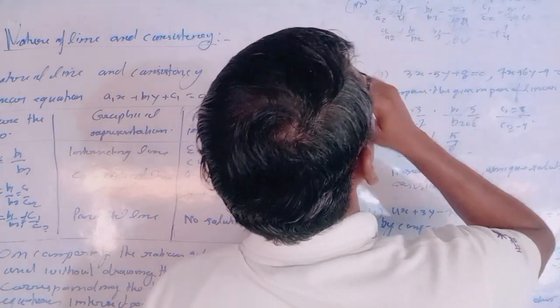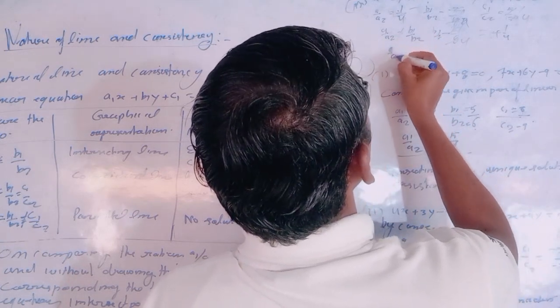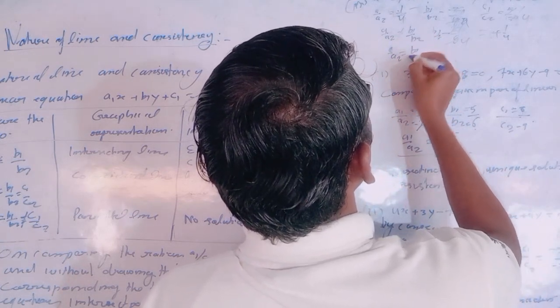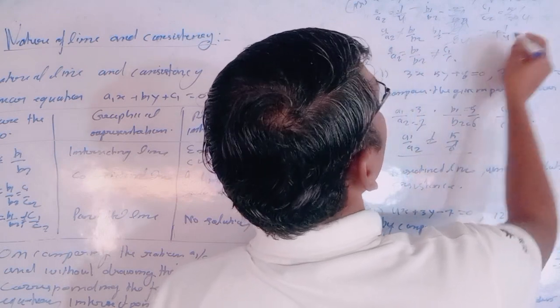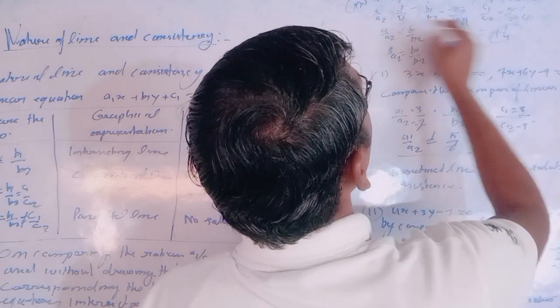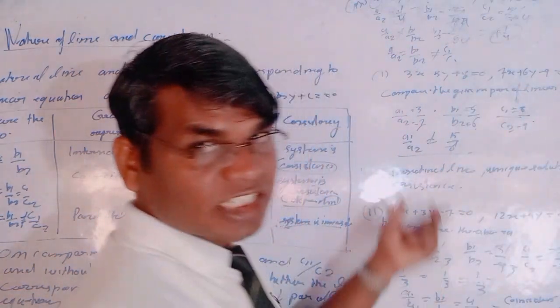So we can say that a1 by a2 is equal to b1 by b2 is not equal to c1 by c2, because the signs differ, so it is not equal.